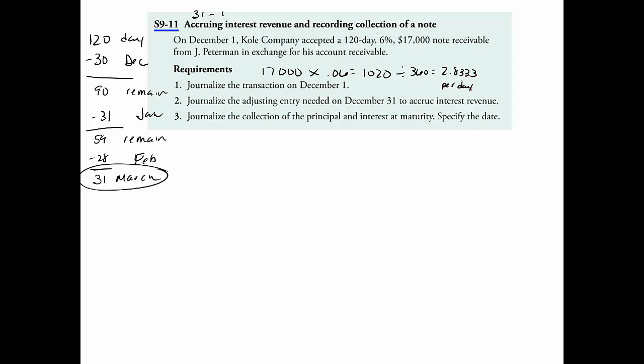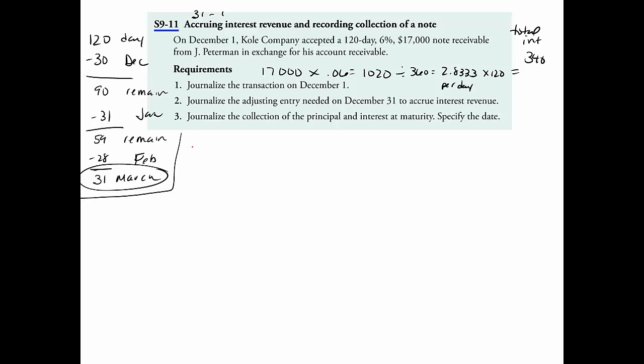Okay. And I have this note for a total of 120 days, so the total interest is $340. Okay, so that means when it comes due, they're going to pay me the $17,000 plus $340 in interest. So let's do the note first, and then I'll kind of show you what I got here.